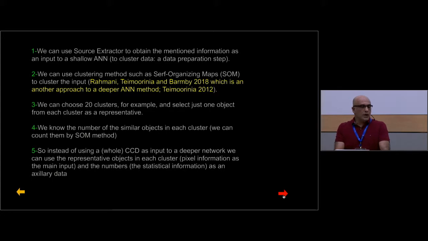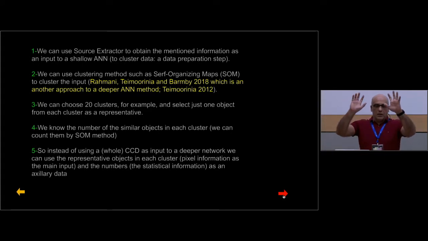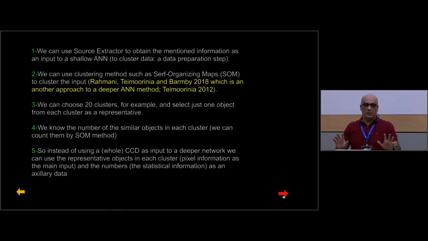We can choose 20 clusters, 10 clusters. It is optional, and we know the number of similar objects in each cluster. So instead of using the whole CCD, we can cluster the data in the CCD into 20 different clusters and pick only one representative of each cluster, something like this.